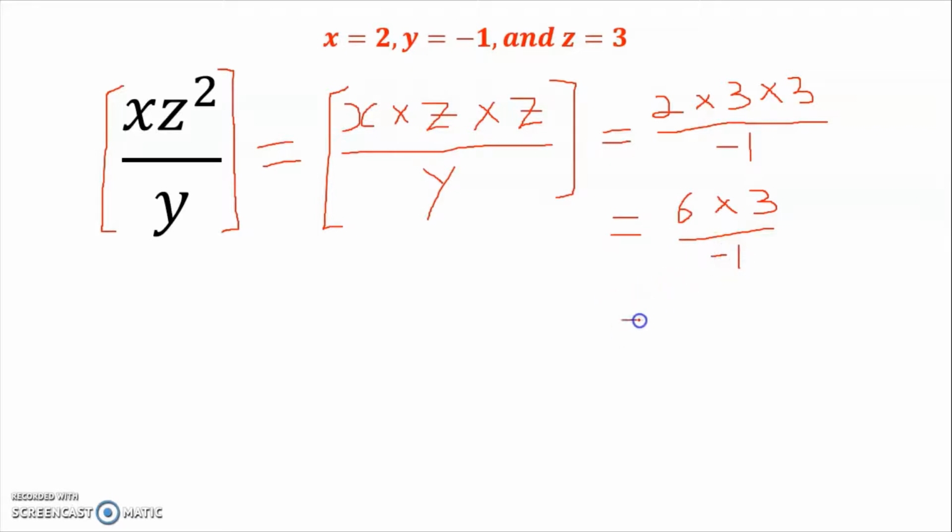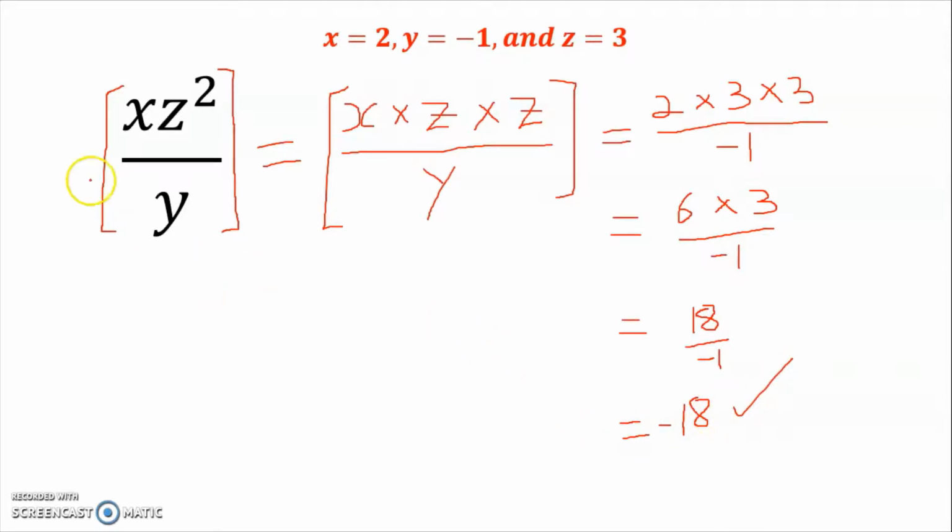6 multiplied by 3 is 18, and 18 divided by -1. A positive divided by a negative equals a negative, and 18 divided by 1 is 18, so we get negative 18 as our answer.